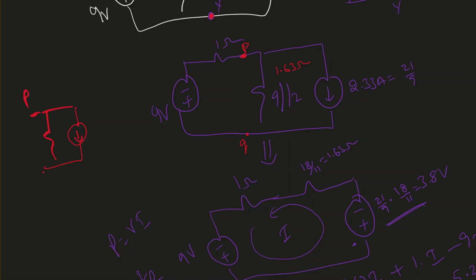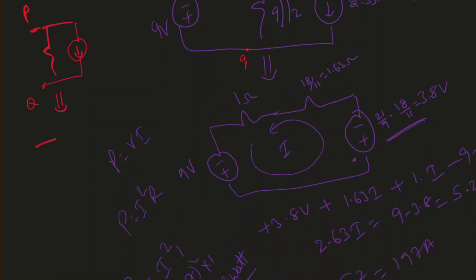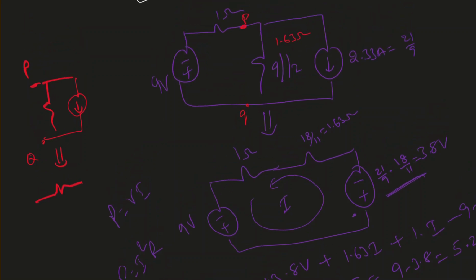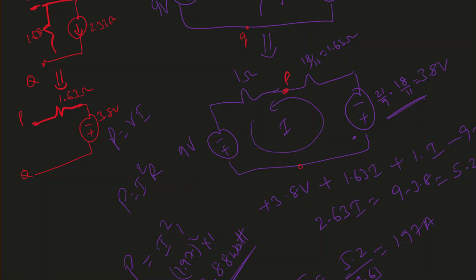I'm going to label this as P and Q. Now I'm going to convert this into a voltage source in series with a resistor. So this is 1.63 ohm, this is 2.33 ampere, and this resistance is 1.63 ohm. Now my voltage is 3.8 volt. Make sure you connect it back at the same nodes P and Q.